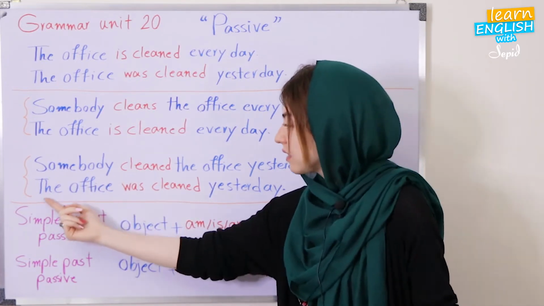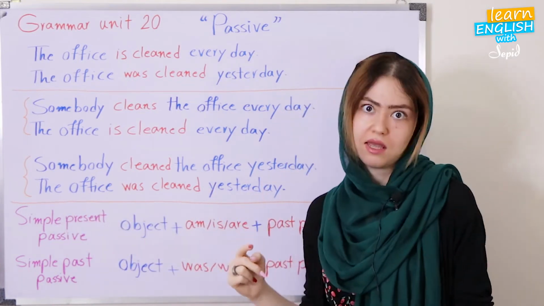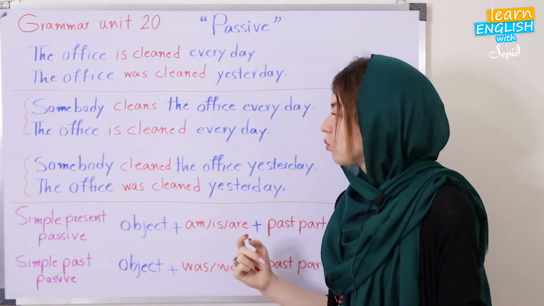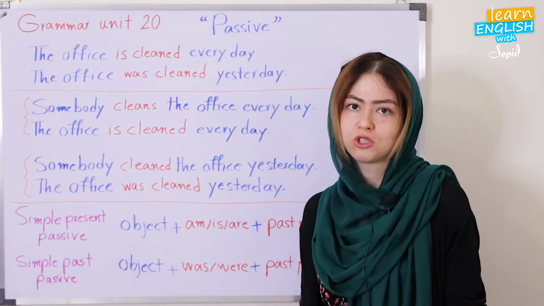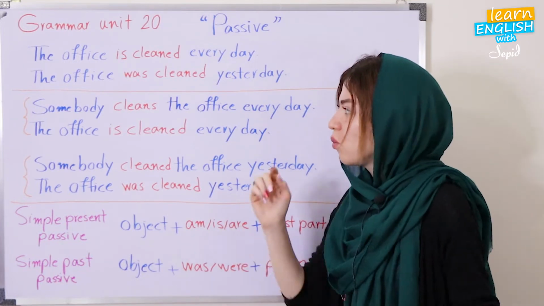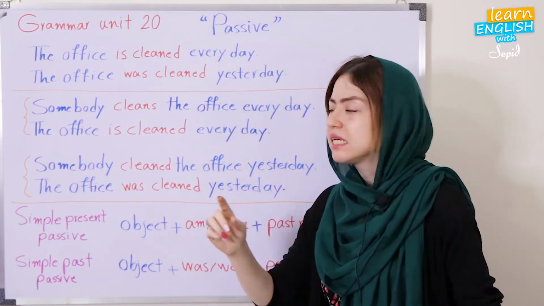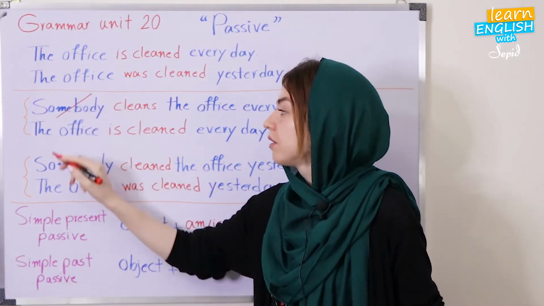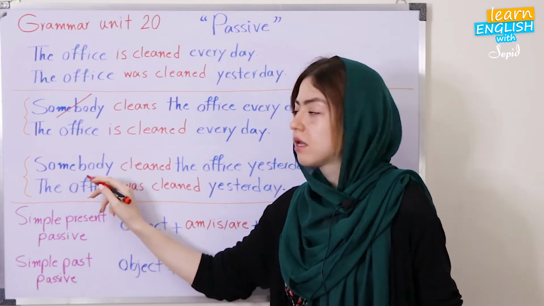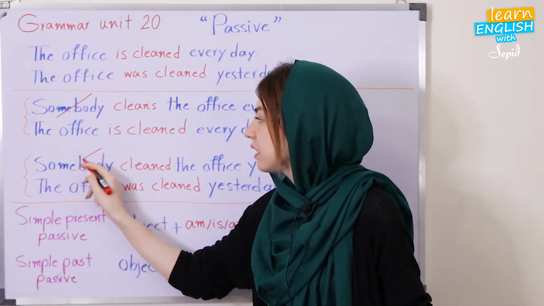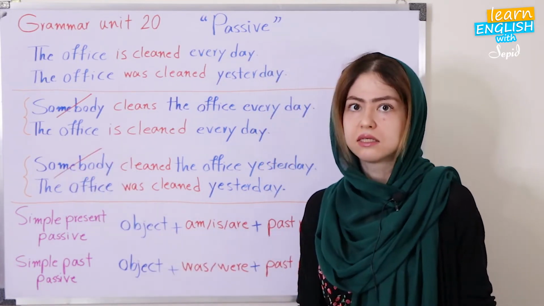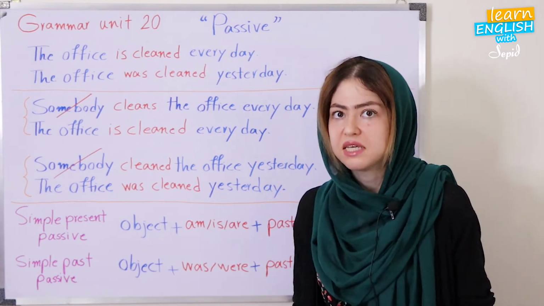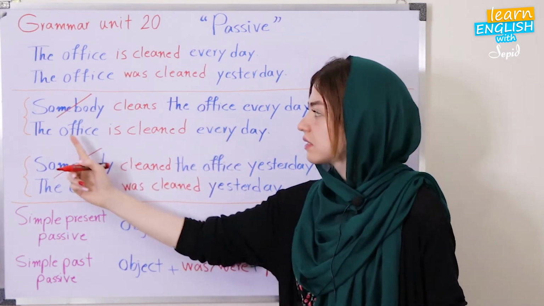Another form of that, the office was cleaned yesterday. So what are the differences in these two sentences? We see that somebody in both sentences is omitted. Instead of somebody, here we have the office.